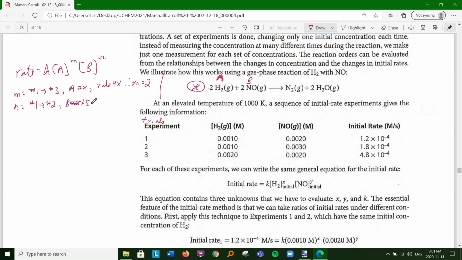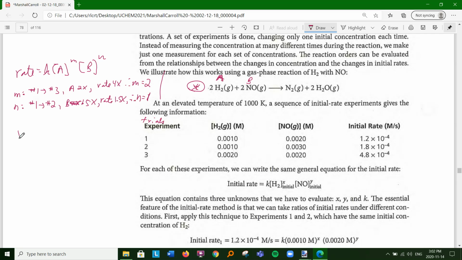I'm so used to doubling that I got to look more carefully. So it goes from 0.002 to 0.003. So that goes up 1.5 times. And 1.8 divided by 1.2, that's also 1.5. So the rate's going up at the same pace as the concentration. Whenever that happens, that's just a direct proportion. So n equals 1. Okay, I hope this is bringing back good memories.